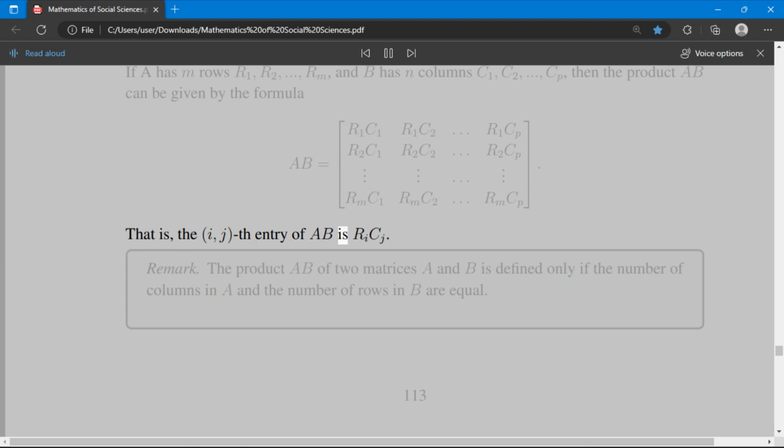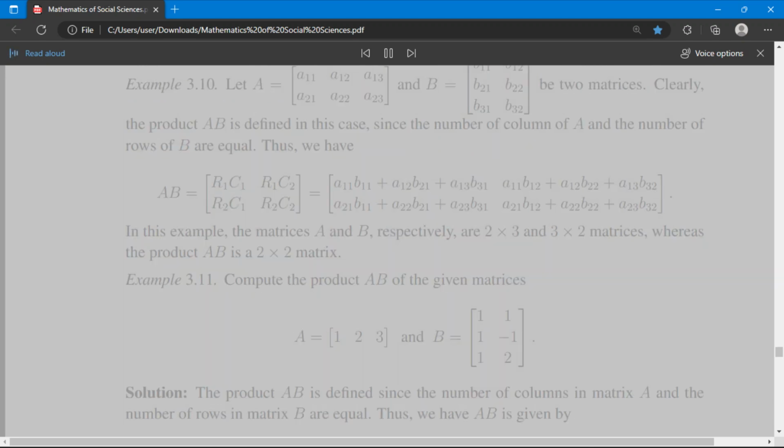That is, the (i,j)th entry of AB is RiCj. Remark. The product of two matrices A and B is defined only if the number of columns in A and the number of rows in B are equal.